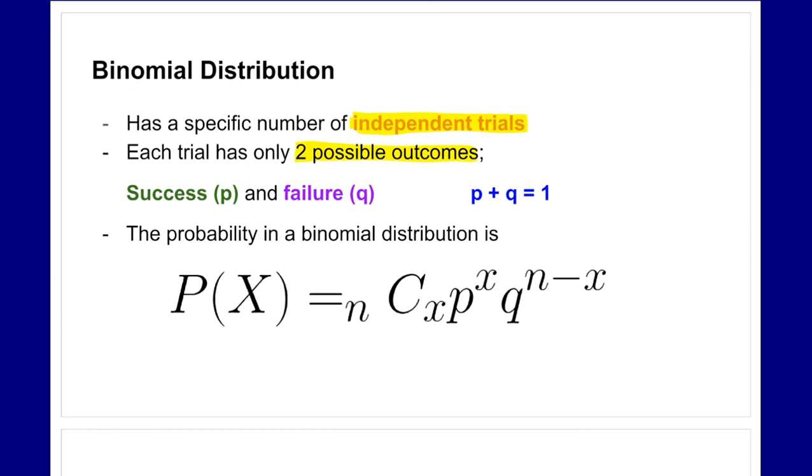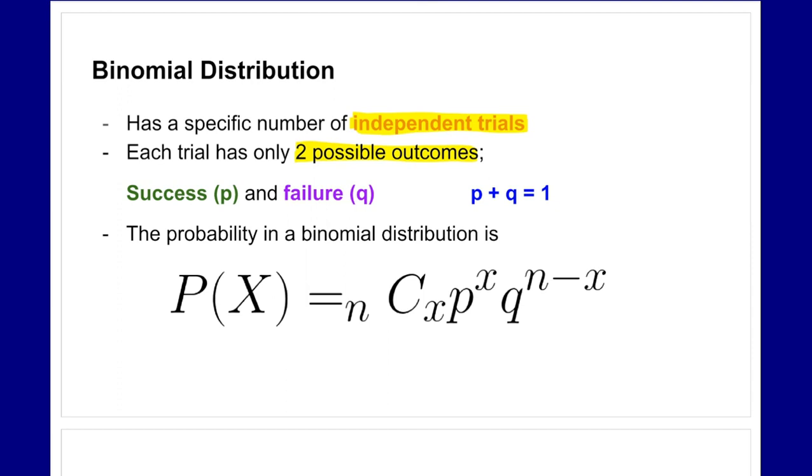We refer to those as p and q, success or failure, and p plus q has to equal 1. Those are the only two possible outcomes, and all the possible outcomes have to add up to 1. So the probability of success plus the probability of failure has to add up to 1. Now, calculating the probability in a binomial distribution might look a little complex.